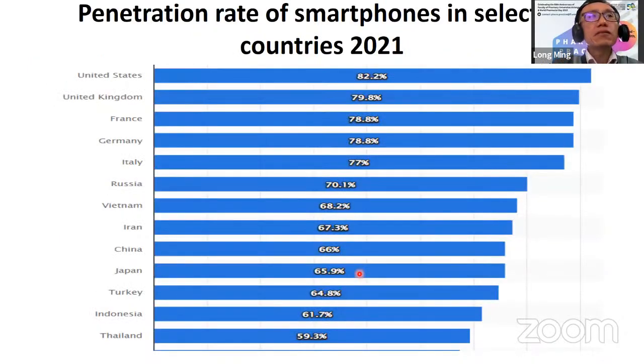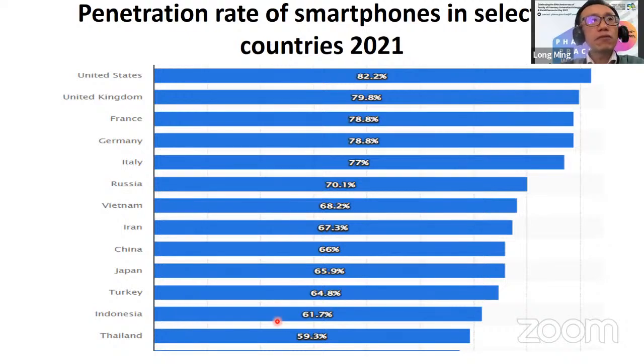Okay, let's look at the penetration rate of smartphones in the selected countries. This is data from last year. Staying at the top in terms of usage or penetration, the prevalence of smartphone use is 82. And Indonesia is doing very well, around 61.7, just behind Turkey and ahead of Thailand in terms of smartphone penetration rate.